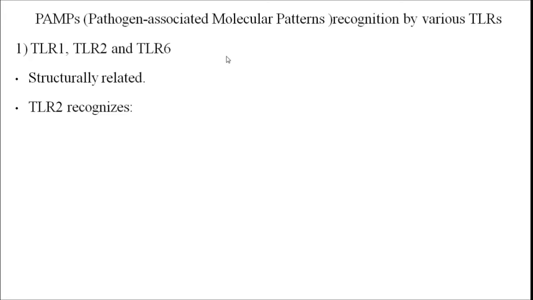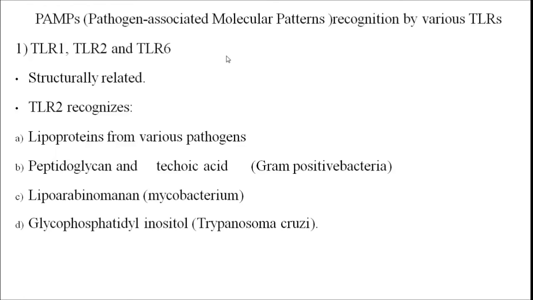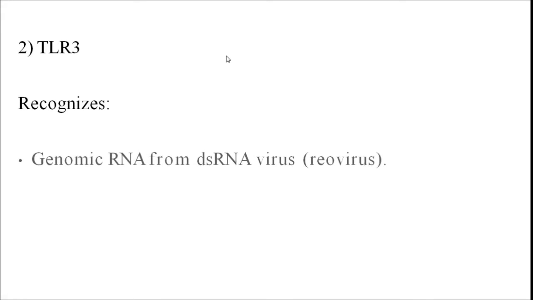Toll-like receptor 2 has the potential to recognize lipoproteins from various pathogens, peptidoglycans and teichoic acid, which are mainly components of gram-positive bacteria, lipoarabinomannan, which is a component of Mycobacterium, glycophosphatidylinositol, which is a component of Trypanosoma cruzi, zymosan, which is a component of fungi, and glycolipids, which are mainly present on Treponema.